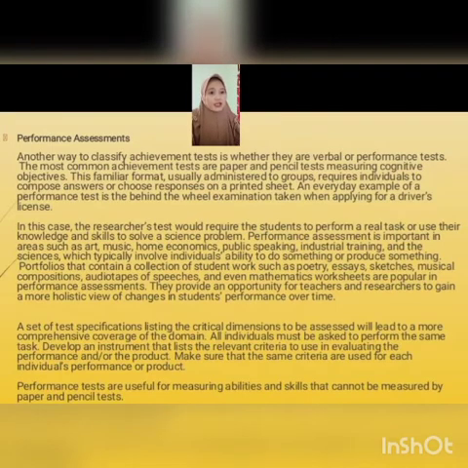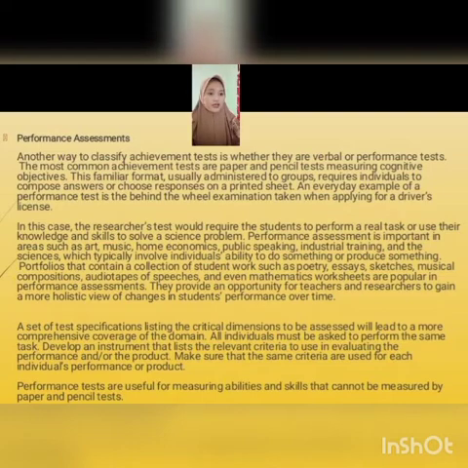Performance assessment. Another way to classify achievement tests is whether they are verbal or performance tests. The most common achievement tests are paper and pencil tests measuring cognitive objectives. This familiar format, usually administered to groups, requires individuals to compose, answer, or choose responses on a printed sheet.